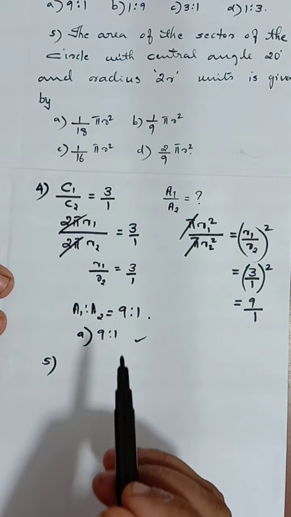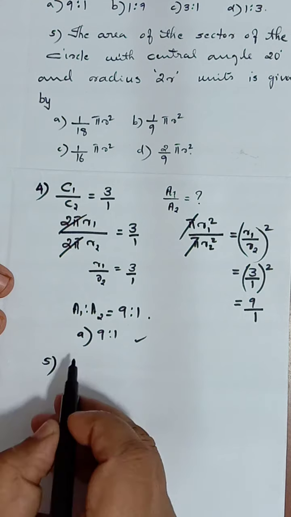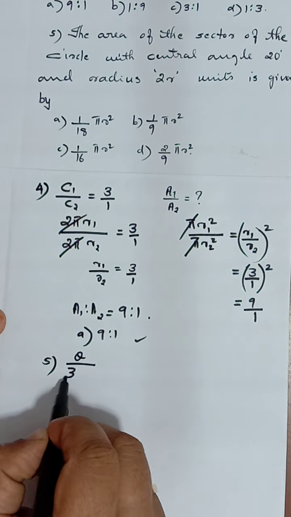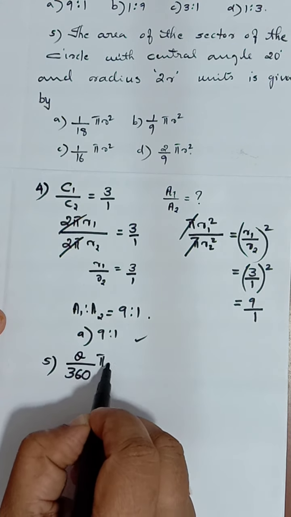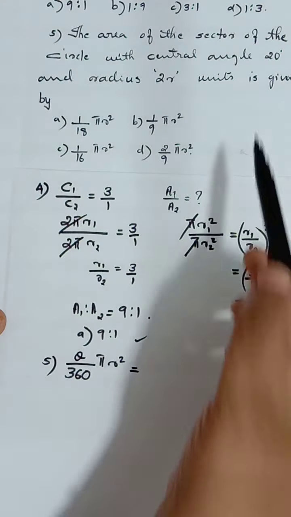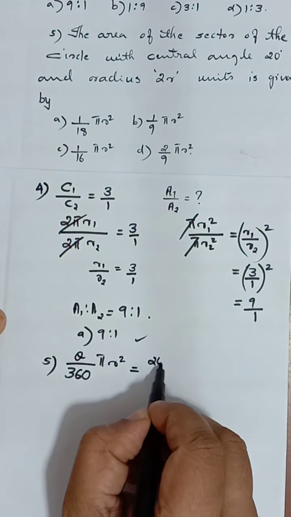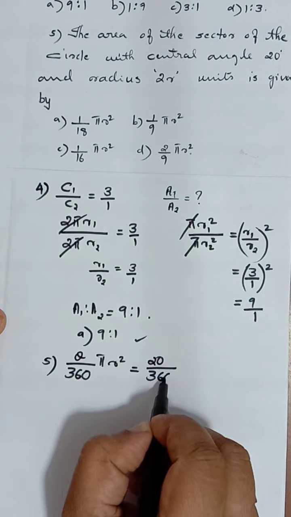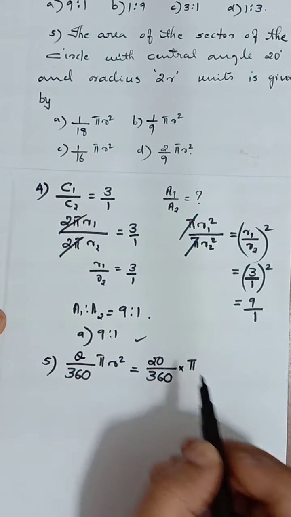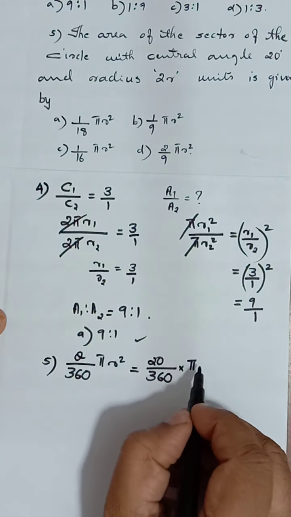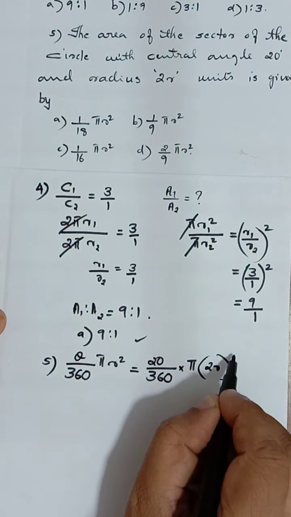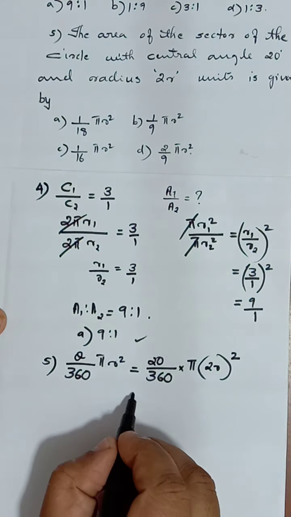Okay. So now comes the question, area of the sector. We can write it as theta by 360 into pi r square. Central angle is given as 20 degree. 20 by 360 into pi into radius, which is given as 2r. So radius square means 2r whole square you have to write.